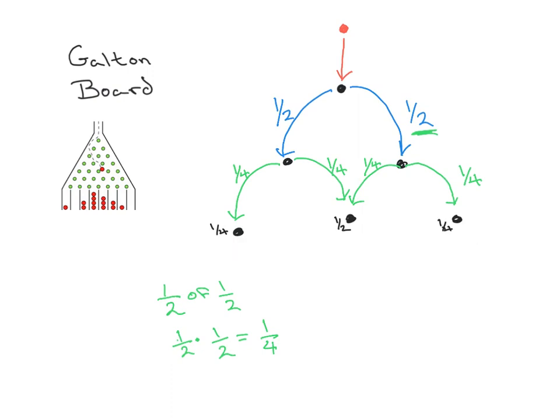So now I would have to do the same thing again, except now each of these dots would also be going in 2 directions. With some falling here, some falling here, some falling here, and some going here.